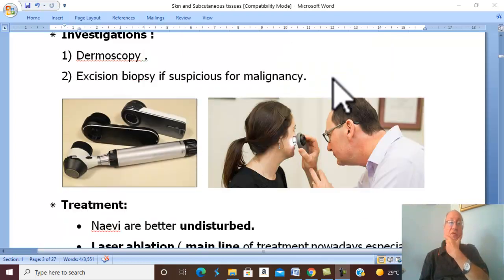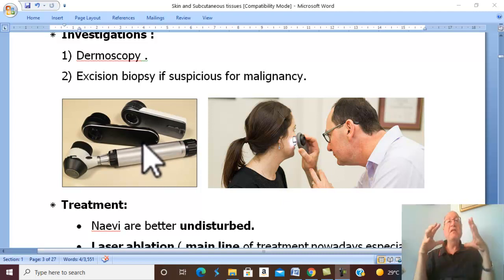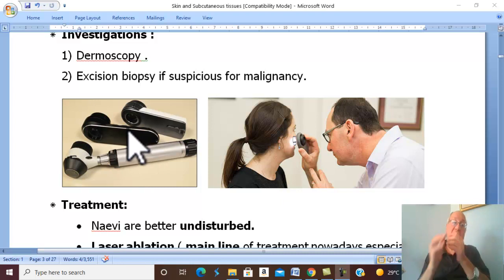What are the investigations needed for these nevi? Dermoscopy. Dermoscopy is an instrument which magnifies the lesion and allows the doctor to examine the skin lesion. If a benign pigmented nevus is suspicious for malignancy, excision biopsy is needed.